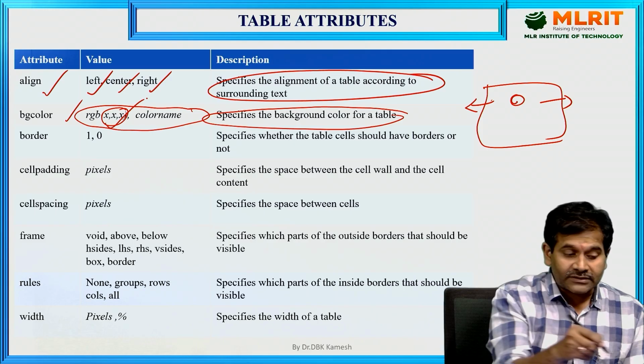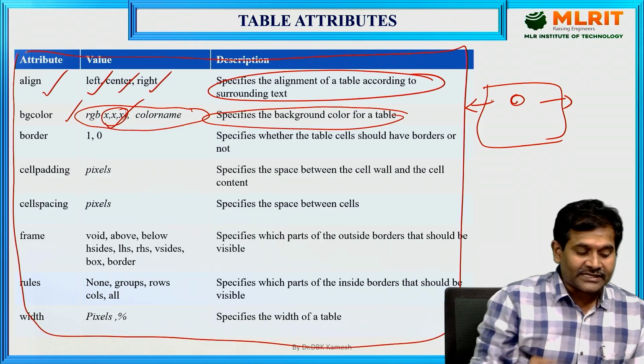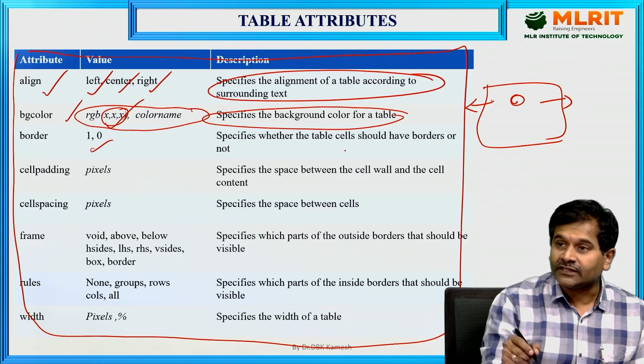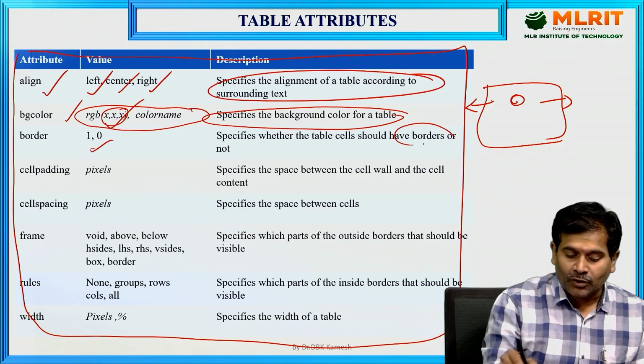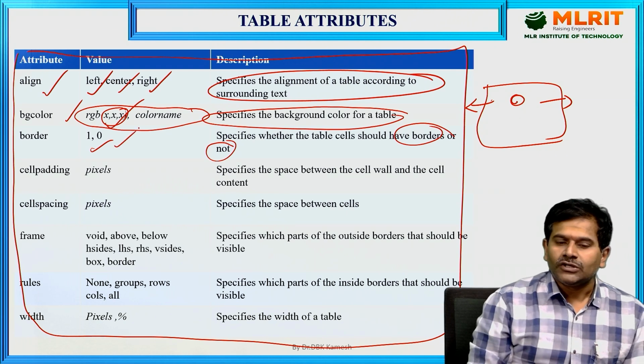Then the border attribute. How you write the border is by its thickness, with a value of either 1 or 0, to specify whether table cells should have a border or not. Either 0 or 1.